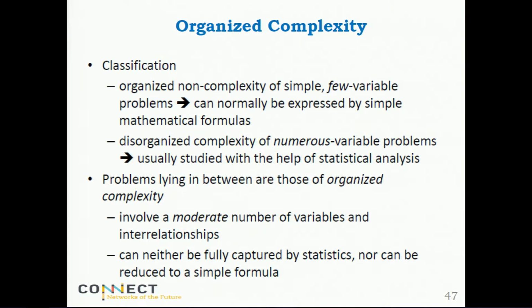So there is a moderate number of variables and interrelationships. There is no number associated to what moderate means. It's something that is not 3, and it's something that is not a trillion probably, okay? But again, there is no specific number, and you don't have enough interacting agents to use statistics properly, and they are not simple enough so that you can normally find an equation.